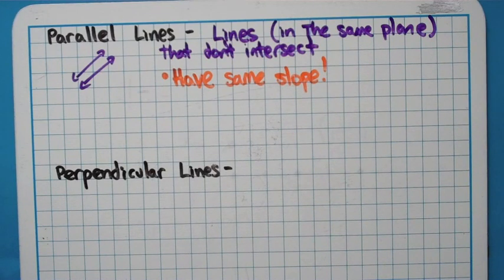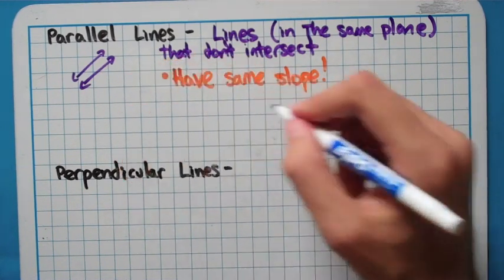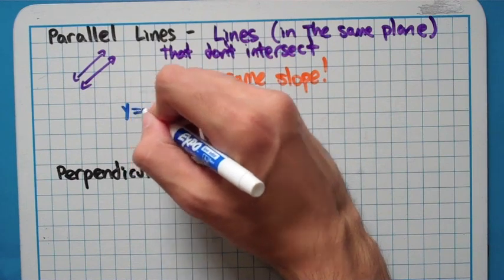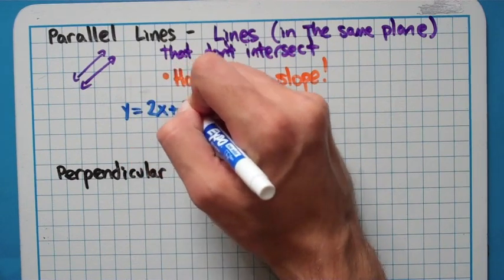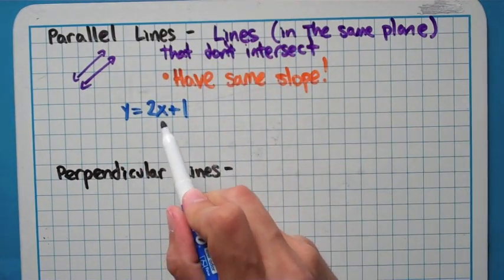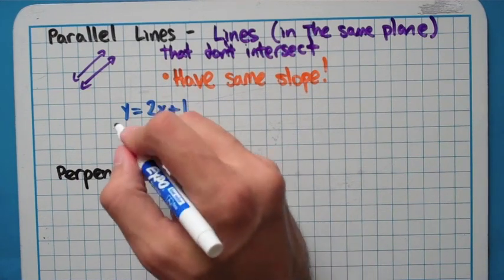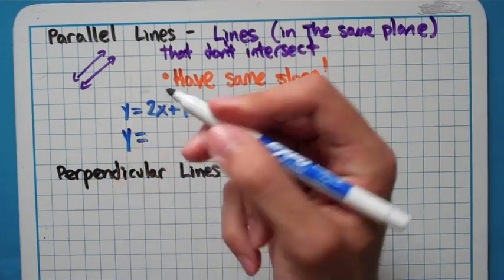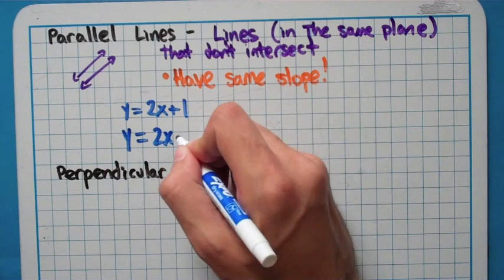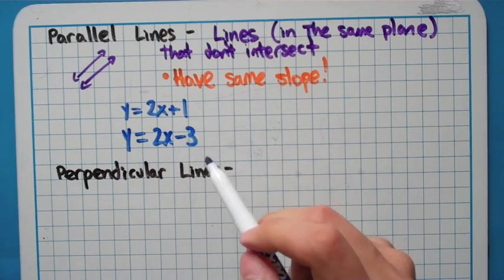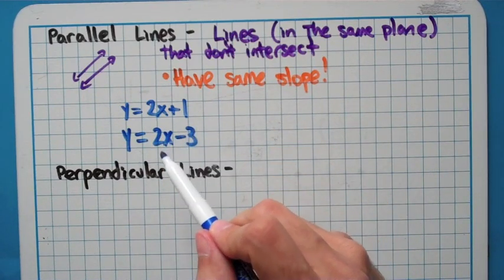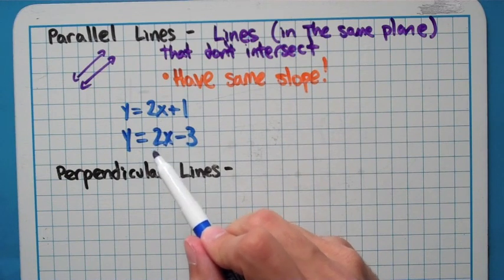If I had the equation of the line y equals 2x plus 1, the slope of this line right here is 2. So if I were to have the equation y equals 2x minus 3, they have different y-intercepts, which is fine, but the slope is the same. So those two lines will be parallel.